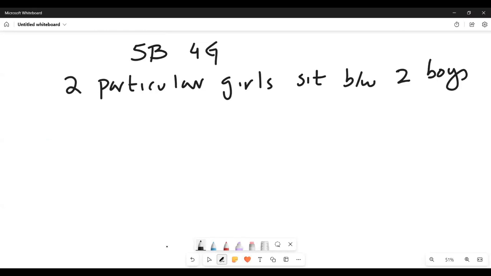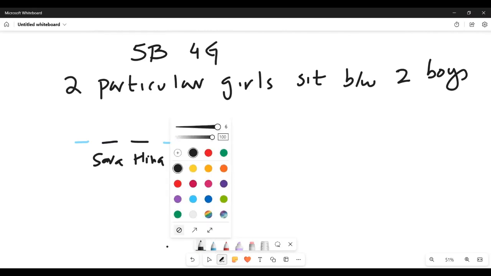Any 2 boys, in between them 2 girls have to sit. So that's a group again. Any 2 boys but 2 particular girls, Sarah and Hina, have to sit between any 2 boys. We will make a group of this.